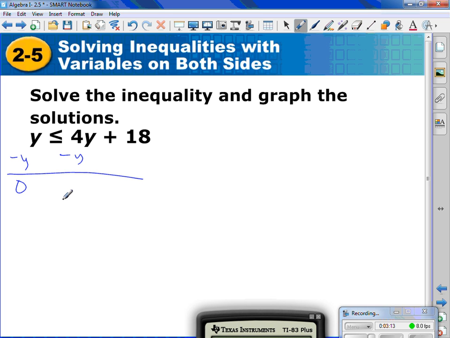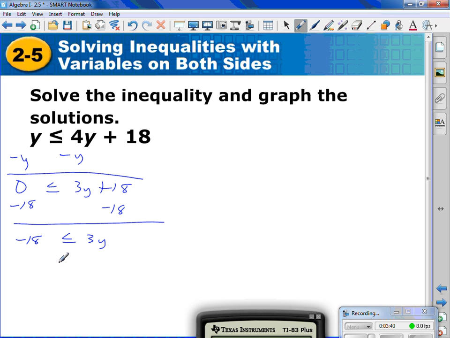There has to be something there. Less than or equal to 4y minus y is 3y, plus 18. Minus 18. What's 0 minus 18? Negative 18 less than or equal to 3y.